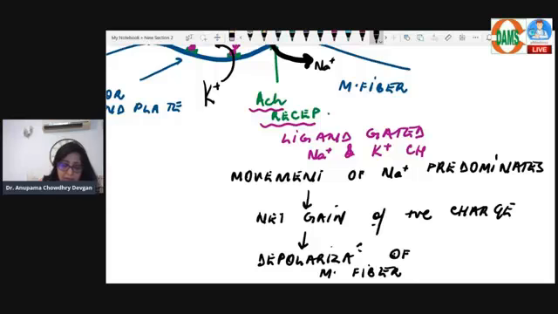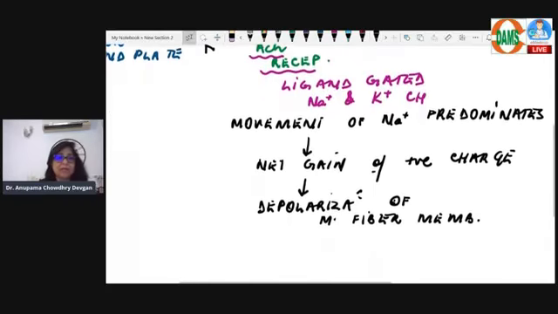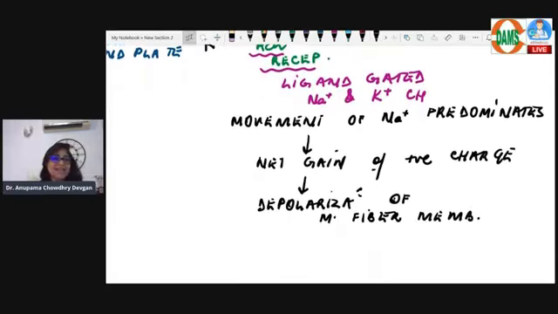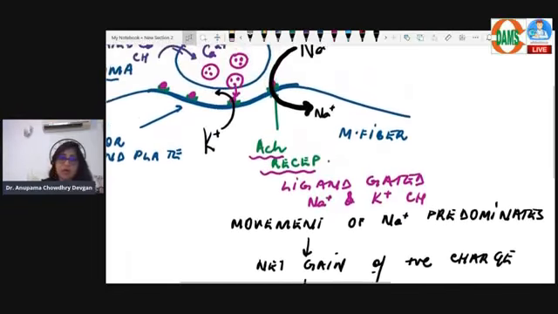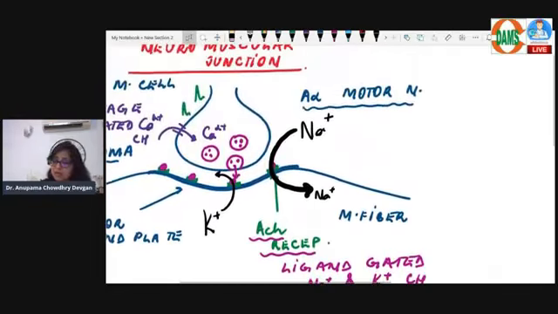Movement of sodium predominates, net gain of positive charge, depolarization of the muscle fiber membrane. This is what is known as transmission across the neuromuscular junction.